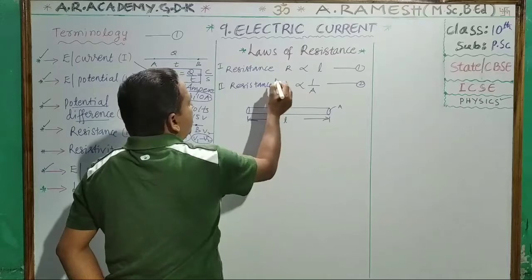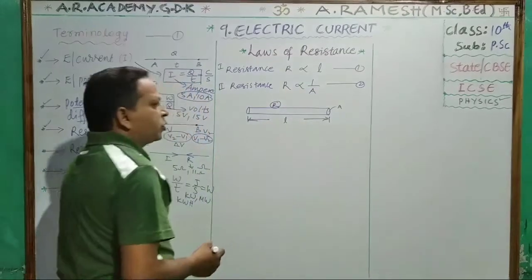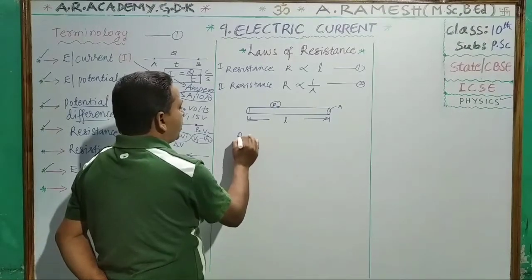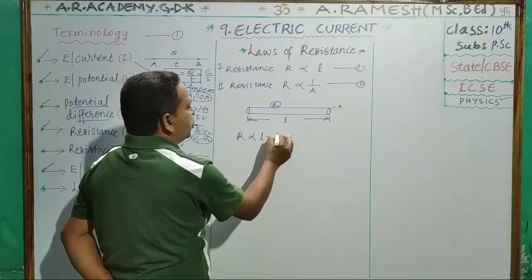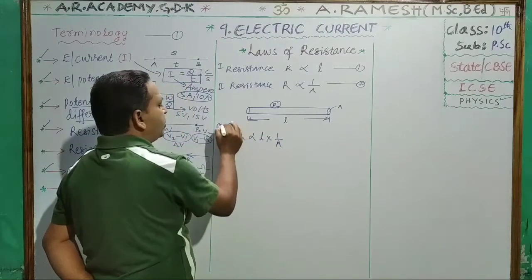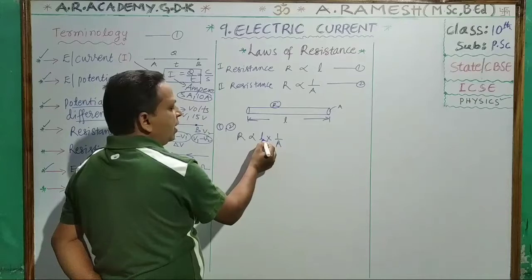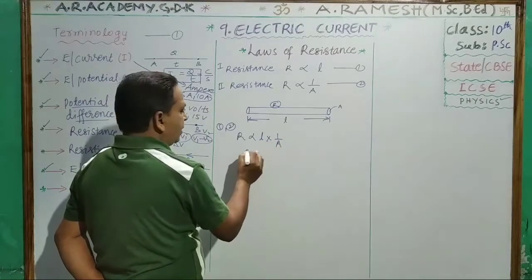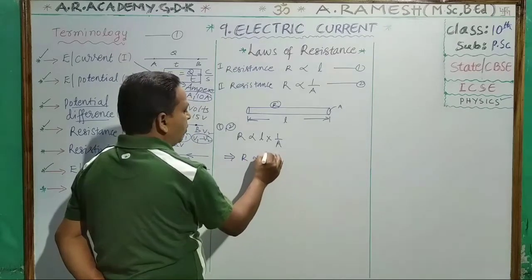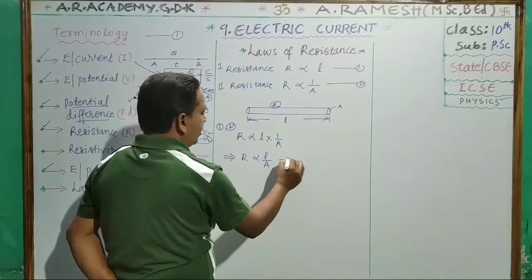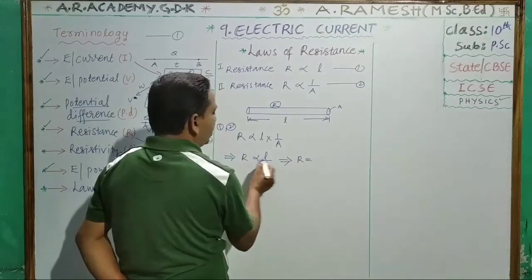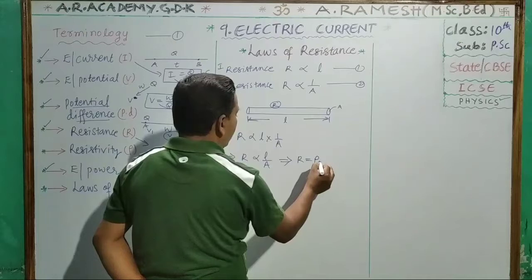Are you listening, children? Okay, combining these two, first law and second law, from 1 and 2 we will get R proportional to L into 1 by A. That is R proportional to L by A. You can write this as R equal to, removing the proportionality by using a constant, rho.